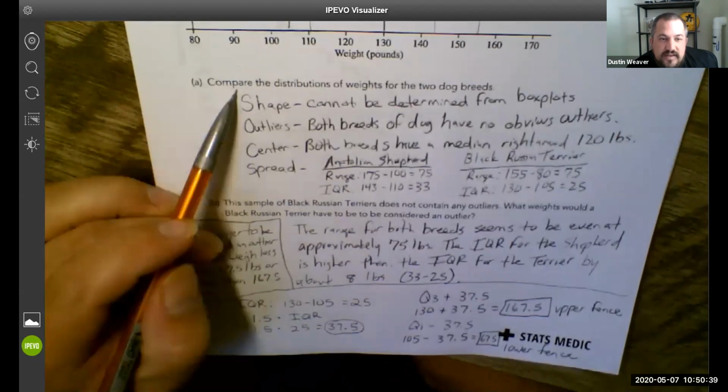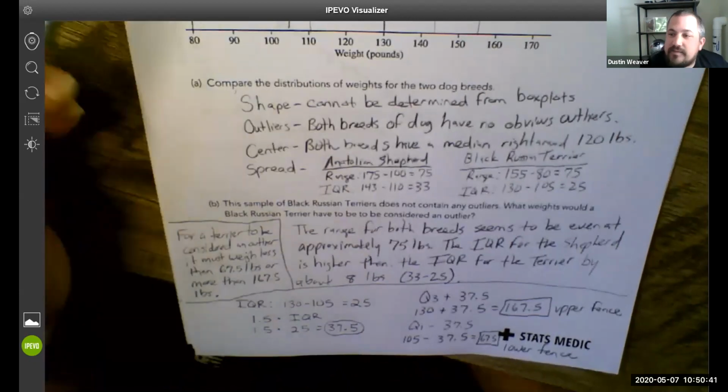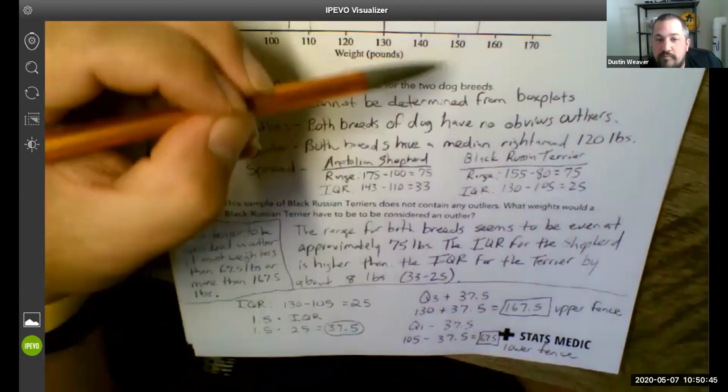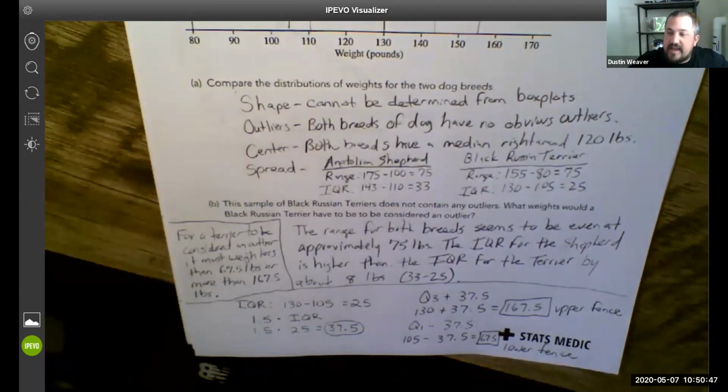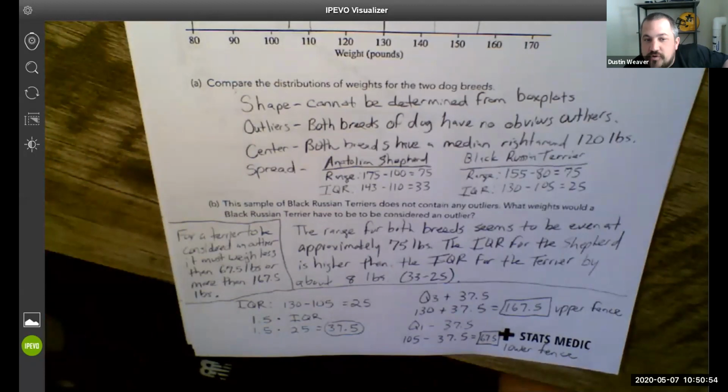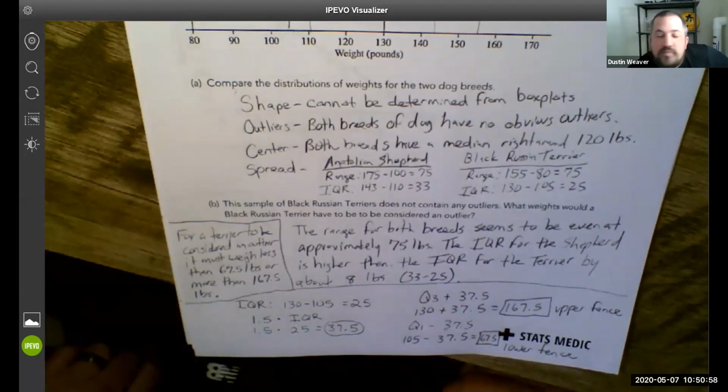When it says compare the distributions, many times I've graded exams where they write shape, outlier, center, spread, and they make a table with both, but they never compare them. They just write down, here's all the things that are true for the shepherds, here's all the things that are true for the terriers, but they never write an actual comparison.